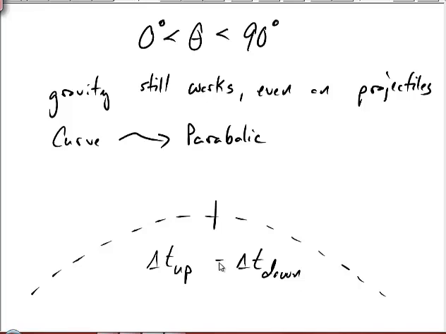Equal, because parabolas are symmetric. That's projectile motion. If we launch at anything other than 0 or 90, it's going to go up and it's going to fall. And not only that, it will have some horizontal displacement. So that's different than we did in the fourth investigation.